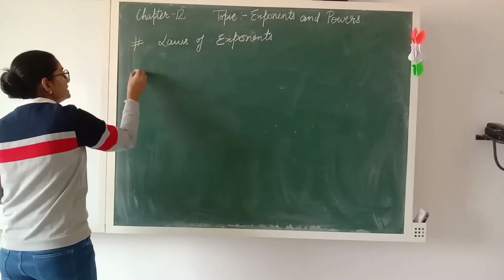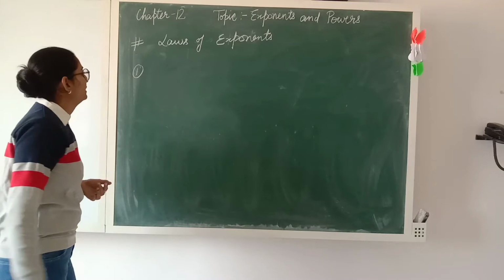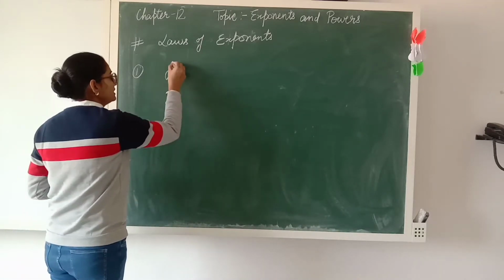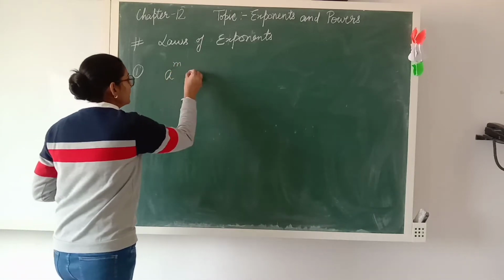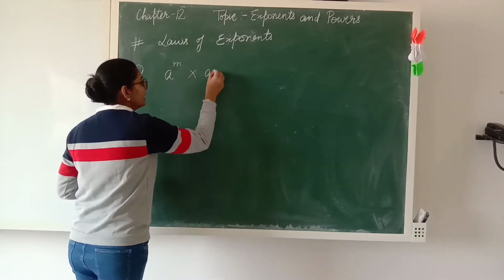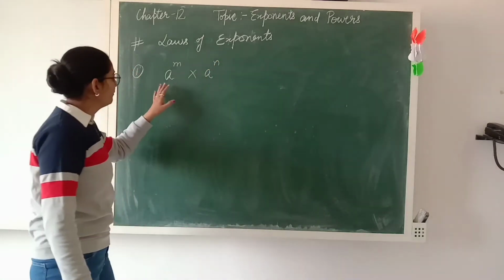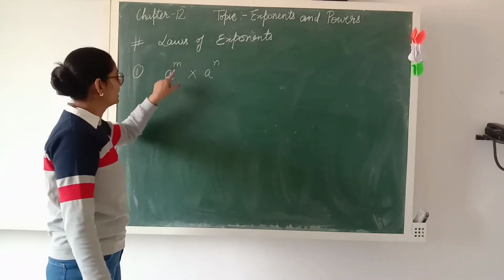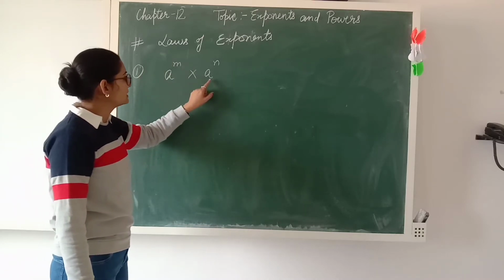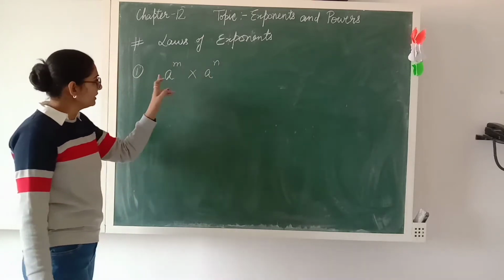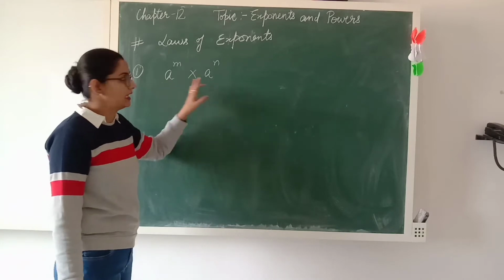So the first law is, if we have a raised to the power m multiplied by a raised to the power n. Now we have two numbers. First is a raised to the power m and second is a raised to the power n. Now bases are the same, both are a.